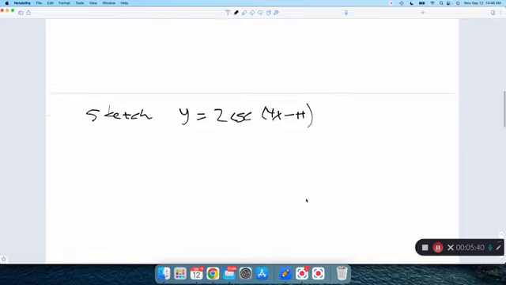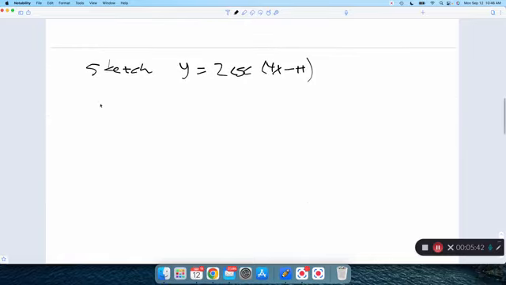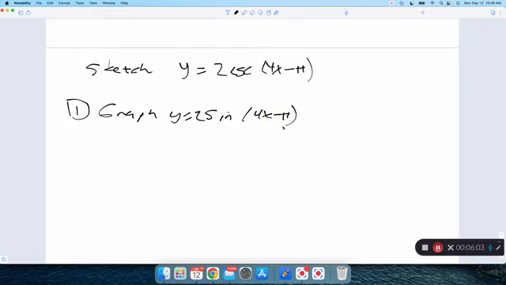That'd be a good one. Okay, so first thing we want to do, step 1, forget about cosecant for a minute. Let's graph y equals the associated sine function, 2 sine of 4x minus pi. We graph his buddy first, and then we just flip it inside out.